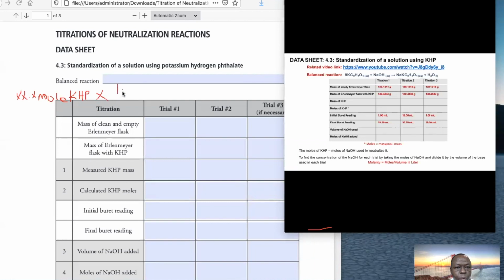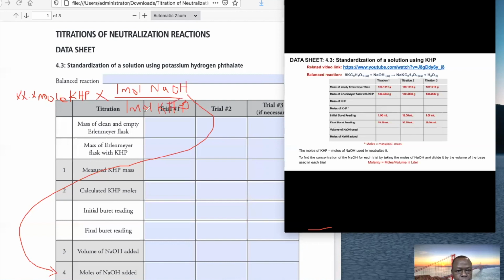For every 1 mole of OH consumed, 1 mole of KHP is consumed. This is from the balanced equation. I'm just showing the setup calculation for the number of moles of NaOH, line 4 here. You see line 4? This is how you set up the equation to get the number of moles of KHP.